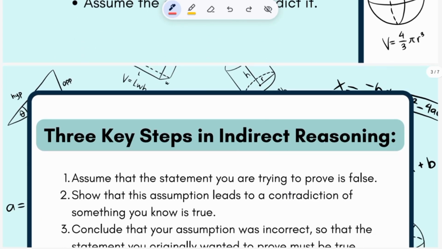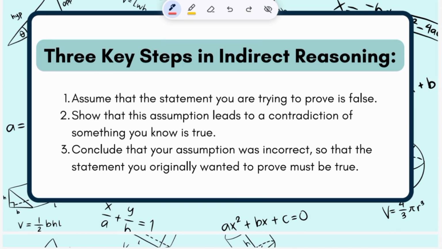So, there are three key steps in indirect reasoning. Number one, assume that the statement you are trying to prove is wrong. So, we're going to assume the opposite of the statement to let us know what is the truth. And number two, show that this assumption leads to a contradiction of something you know is true. That's where the logical reasoning and the contradiction of the statement happen.